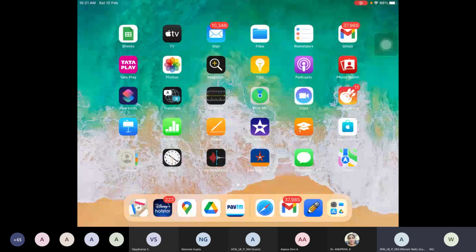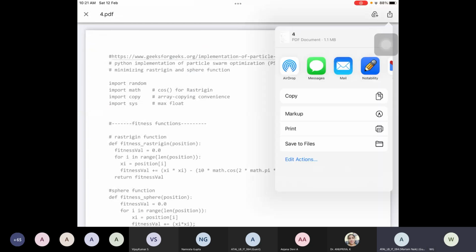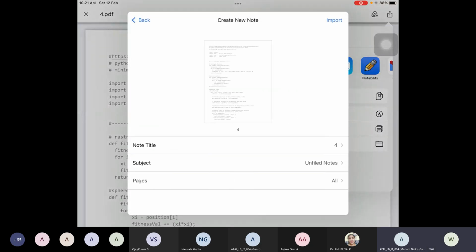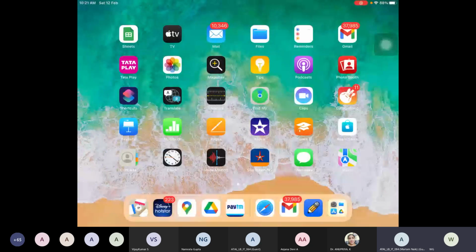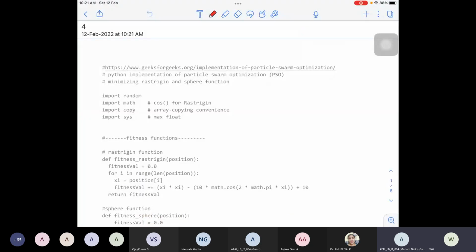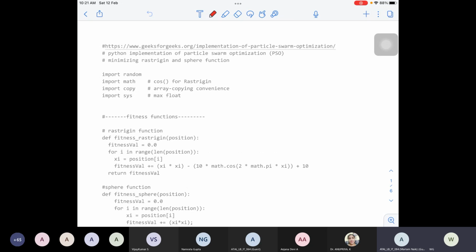So this is the fourth code. One thing you can see is that in GeeksforGeeks there are several other heuristics present.